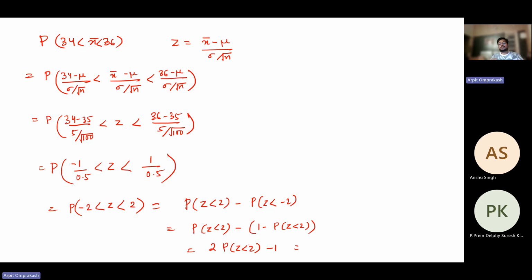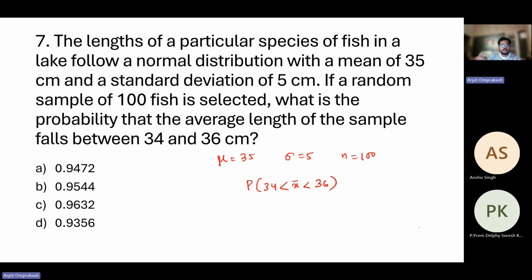So probability that z is less than 2 is again using the standard normal table. We can look up the value, which we just saw for a question before, is 0.9772. So what we have here is 2 into 0.9772 minus 1, which is 1.9544 minus 1, which is 0.9544. So the answer here will be option B, 0.9544.